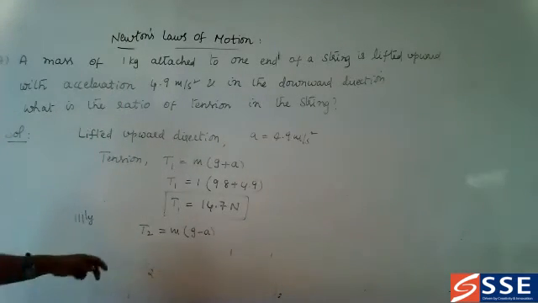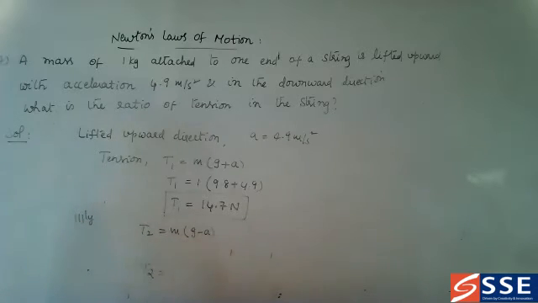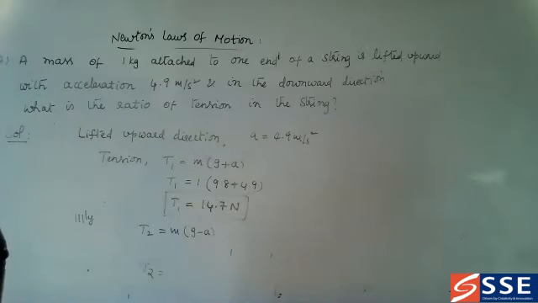So tension T2 is m into G minus A. Substitute all the values here. You have to calculate the ratio of the two tensions. Ratio of the tensions in this case.